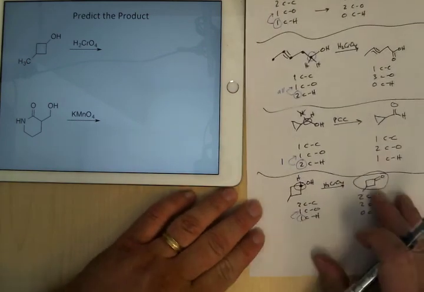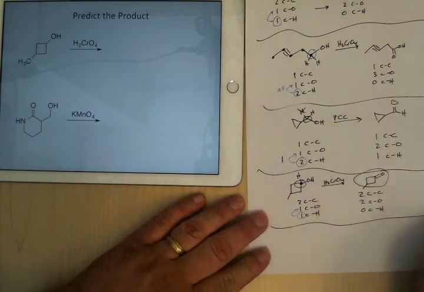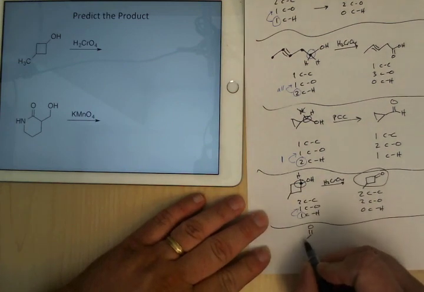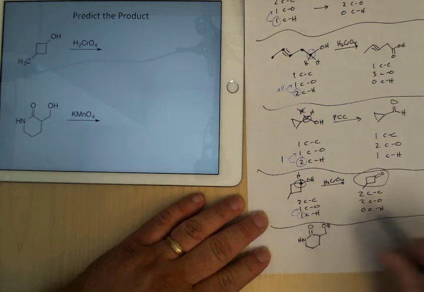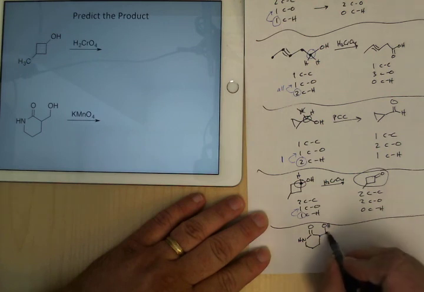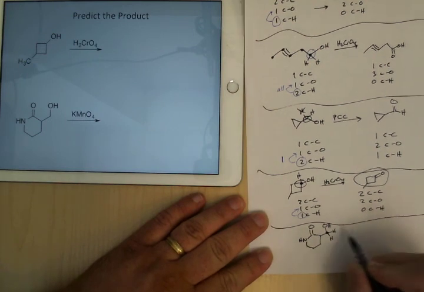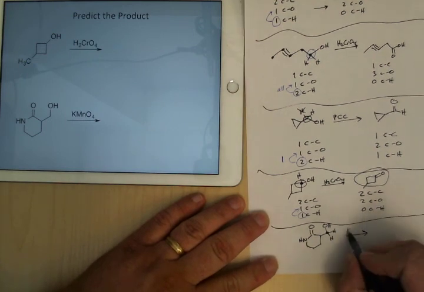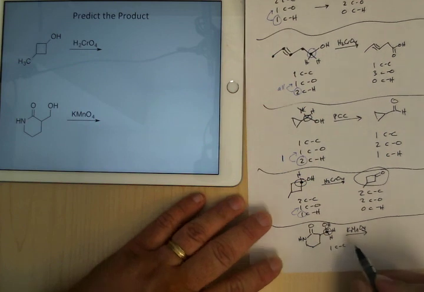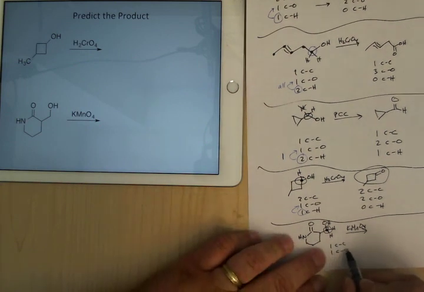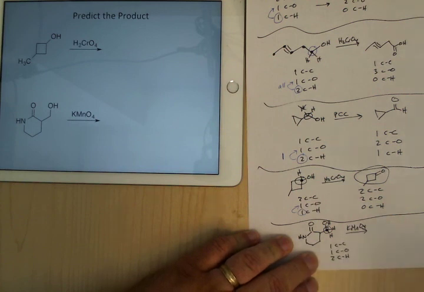This last one. We're interested in this site here, so go ahead and draw on those hydrogens. With KMnO4, that site has 1 carbon-carbon bond, 1 CO bond, and 2 carbon-hydrogen bonds.